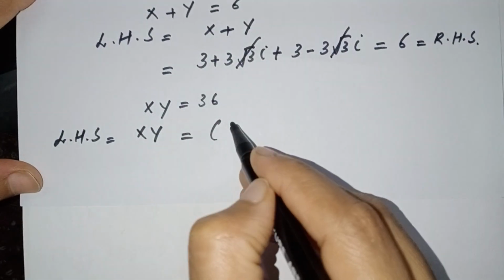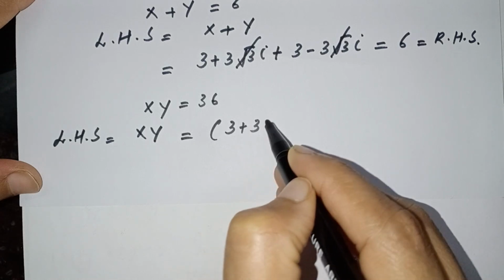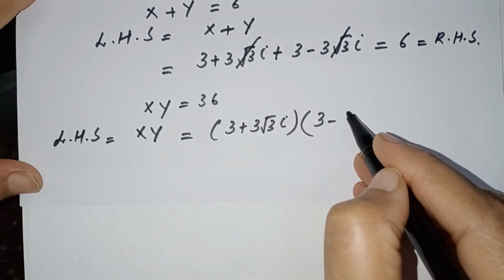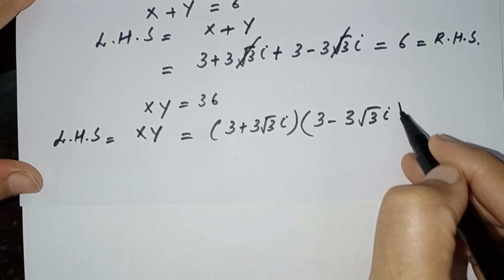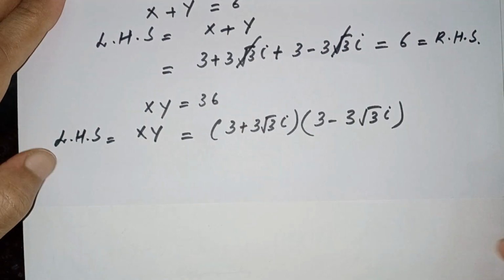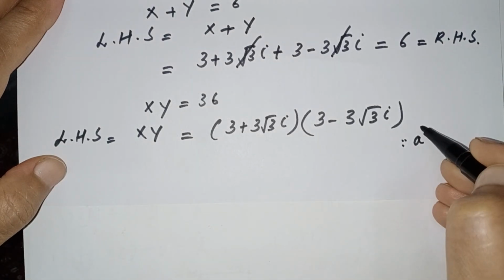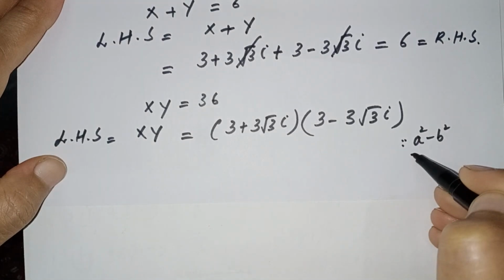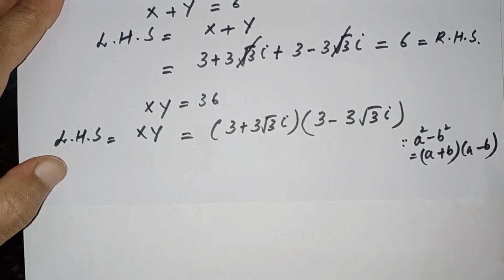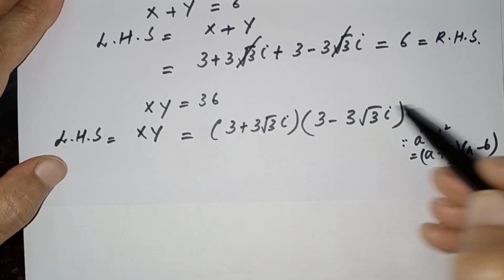So plug in the values: x is 3 plus 3 square root 3 times i, bracket, 3 minus 3 square root 3 times i. So recall the very basic formula that we have, a square minus b square. We can write a plus b times a minus b. So we are going to use this formula here.